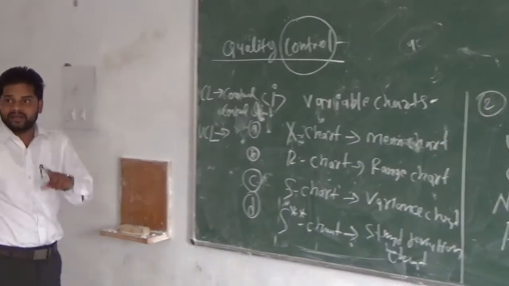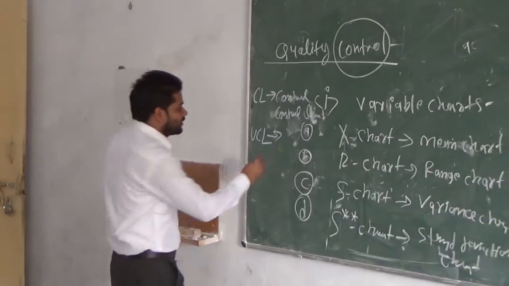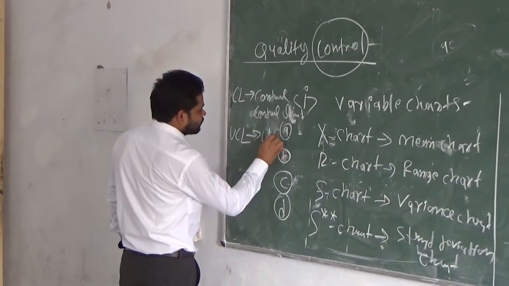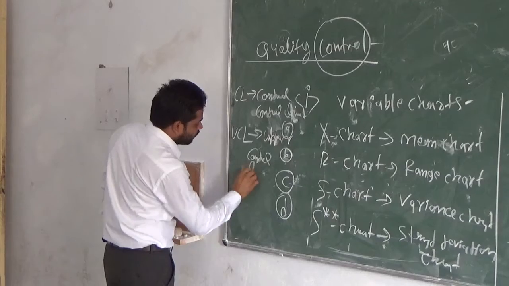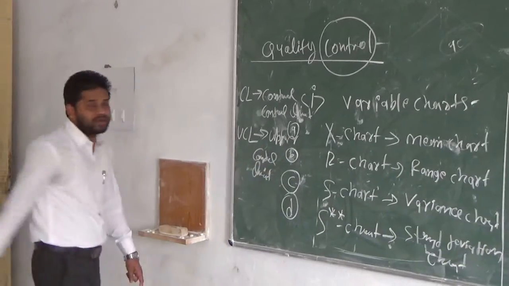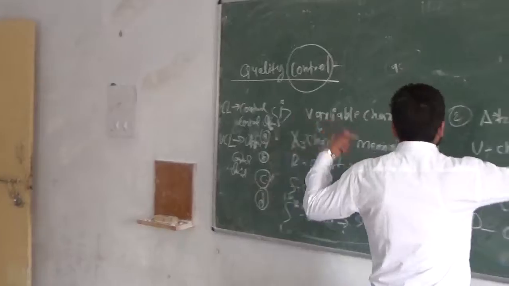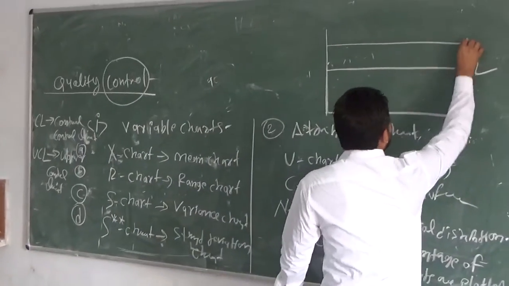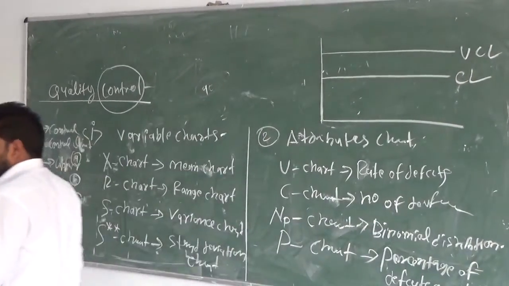This is the upper control limit. Upper control limit means it is situated above the central limit.